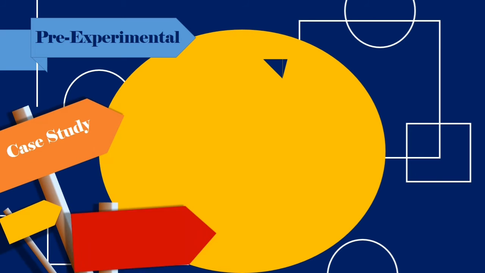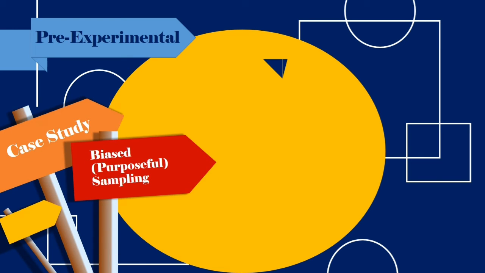pre-experimental design. This is known as the simplest form of research design. Either a single group or multiple groups are observed subsequent to some agent or treatment that is presumed to cause some change in the experiment. Under this, you can use a case study or biased post-hoc sampling.